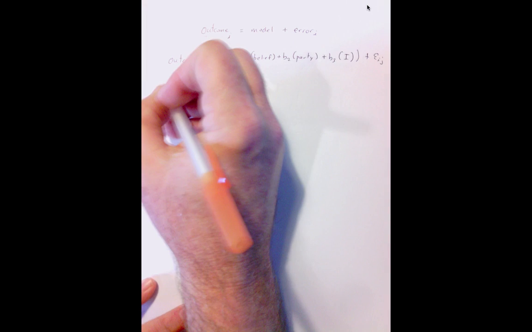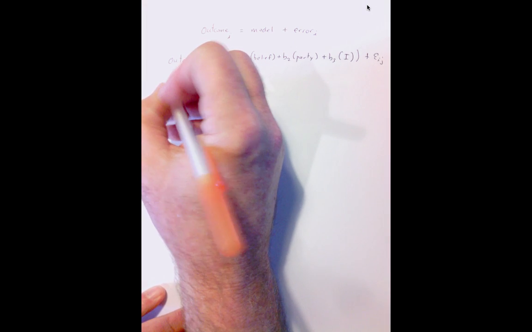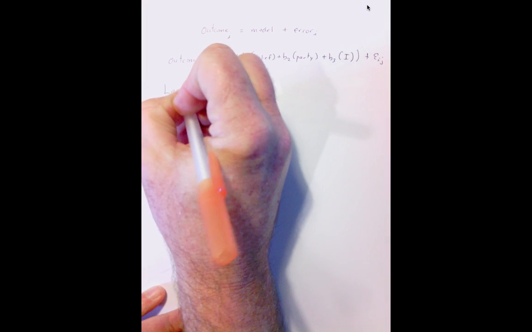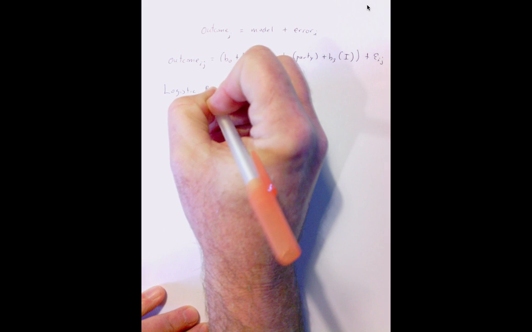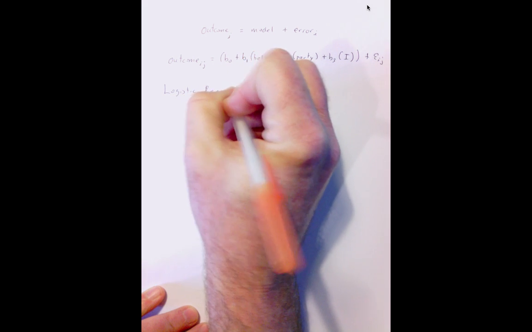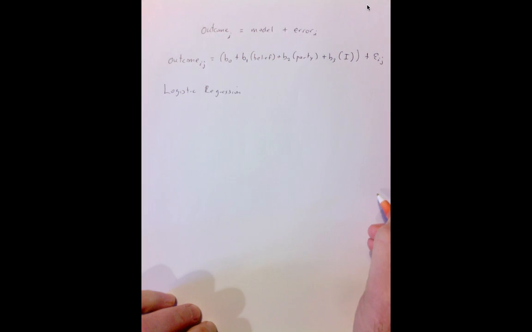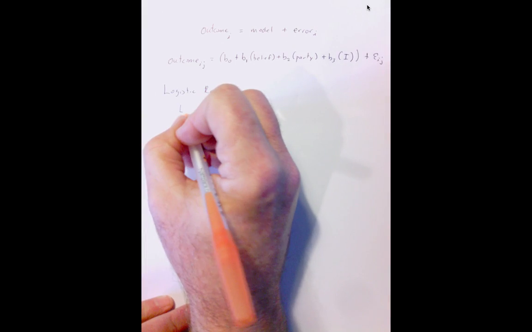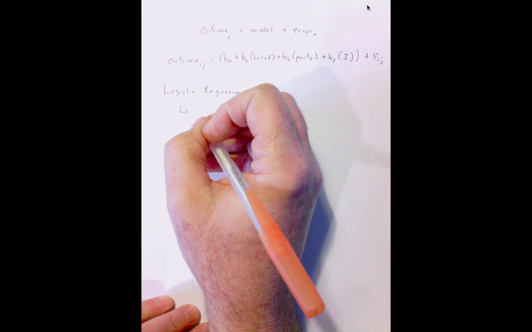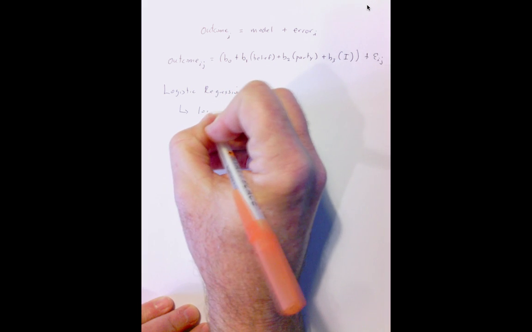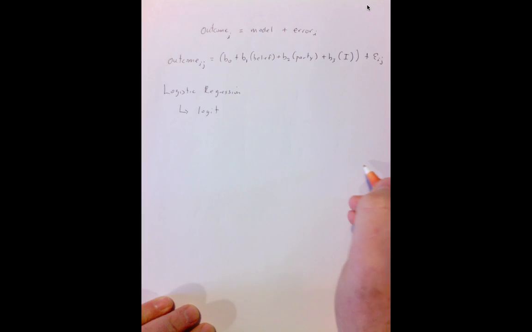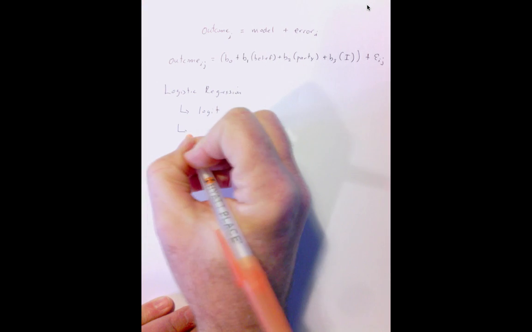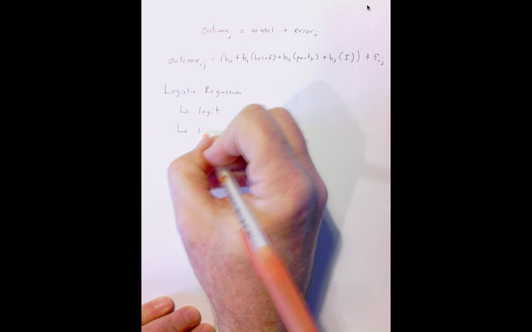I'm getting on a tangent here, but we're going to really look into logistic regression after we get through categorical analysis, so I want you to be thinking about this. There were two major terms that came out of logistic regression: the logit term, and then we talked about the log likelihood.